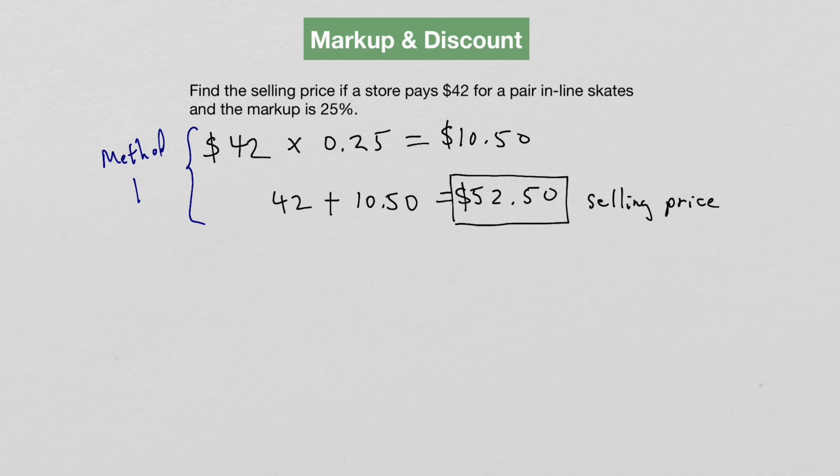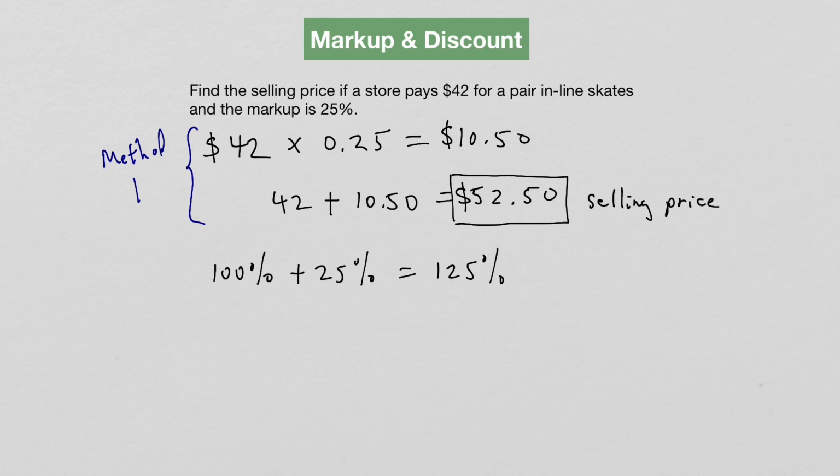So in this method one, the approach that we took was finding the amount of the markup first. Okay. The second method is to find the total percent first. So since we're marking it up by 25%, we need to take 100% of the costs plus 25% of the markup, and we get 125%.